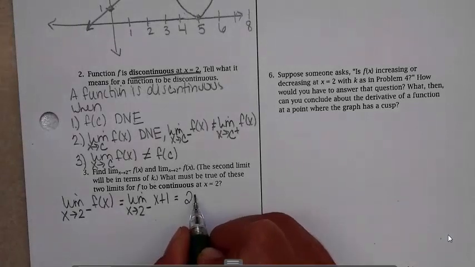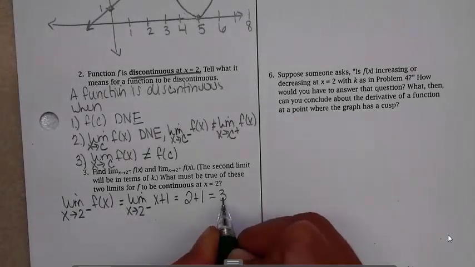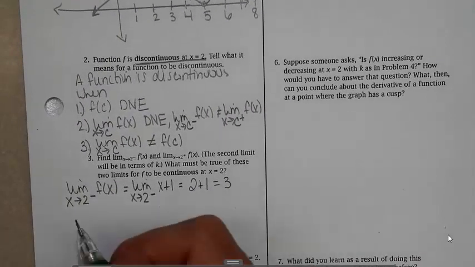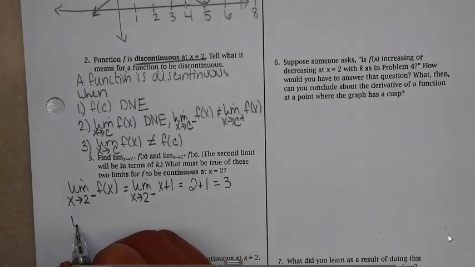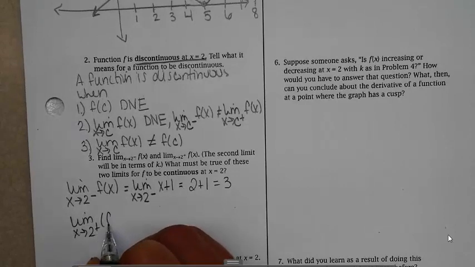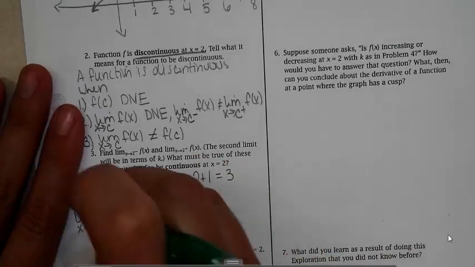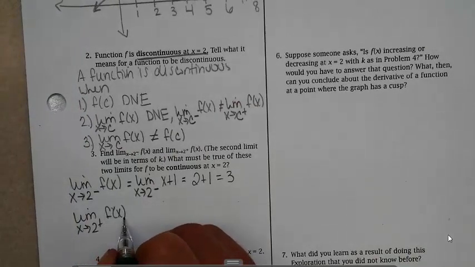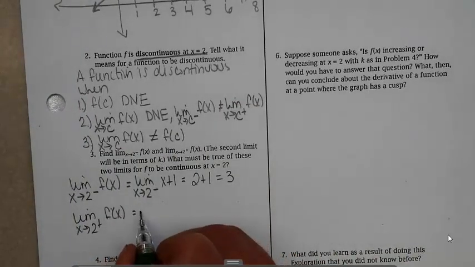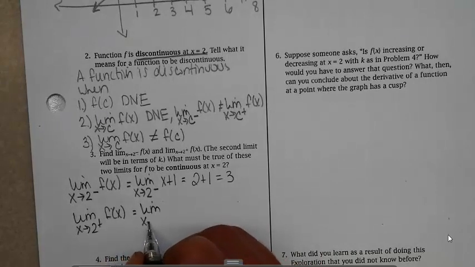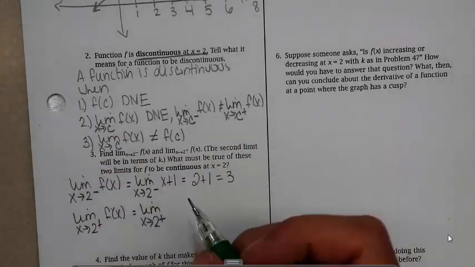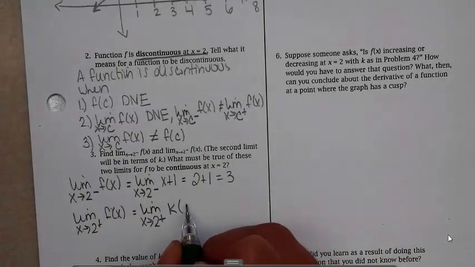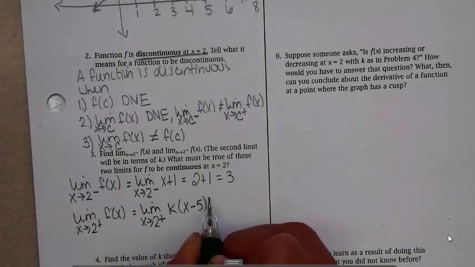It's 2 plus 1, which equals 3. Then the limit as x approaches 2 from the right of f of x equals the limit as x approaches 2 from the right of that second piece, k times x minus 5 squared.